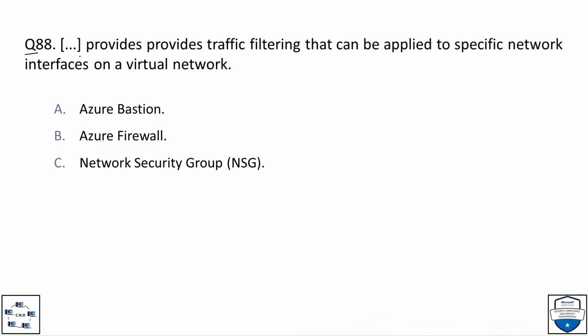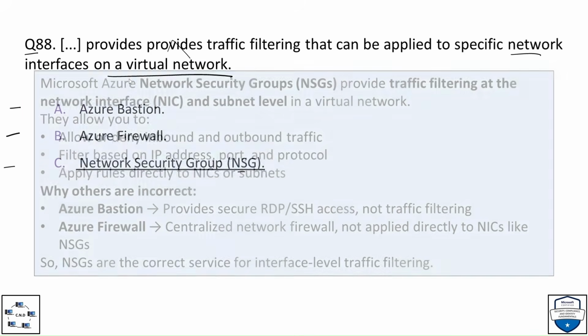Question number 88. Blank provides traffic filtering that can be applied to a specific network interface on a virtual network. Option A, Azure Bastion. Option B, Azure Firewall. And option C, Network Security Group, NSG. And the correct option is NSG, Network Security Group, which provides traffic filtering that can be applied to specific network interfaces or a virtual network.